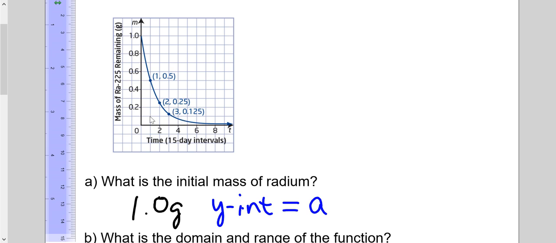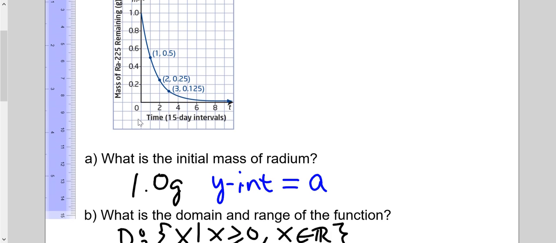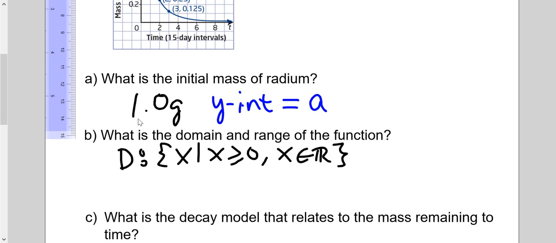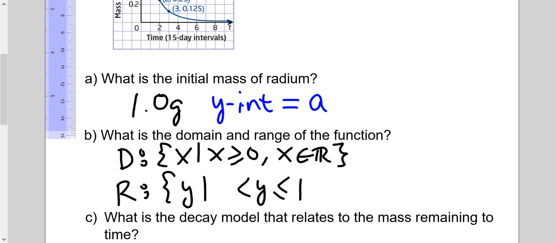So that means the y value has to be greater than 0, not greater than or equal to 0. So the range is y is less than or equal to 1, but y has to be greater than 0. It cannot be 0, once again, because the graph will never touch the x-axis. All right?